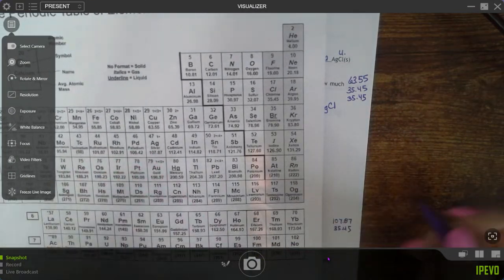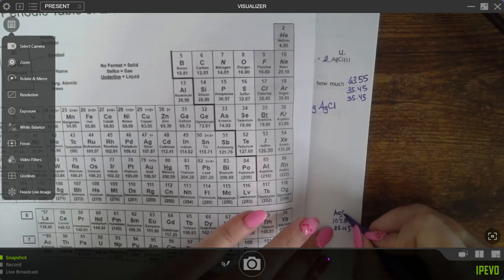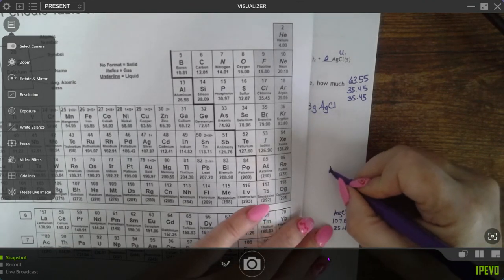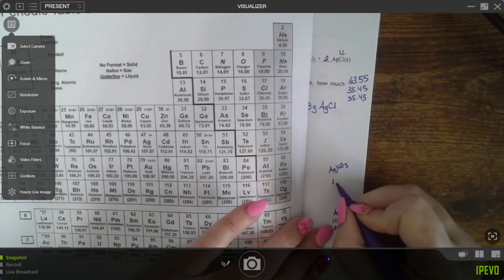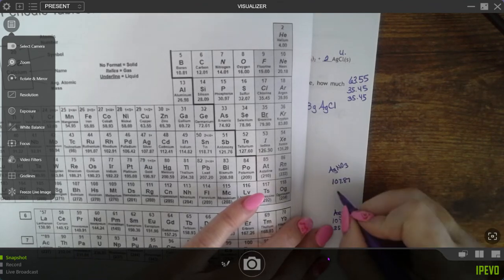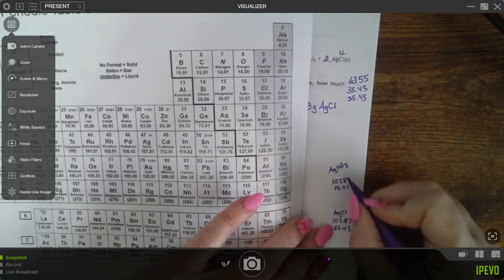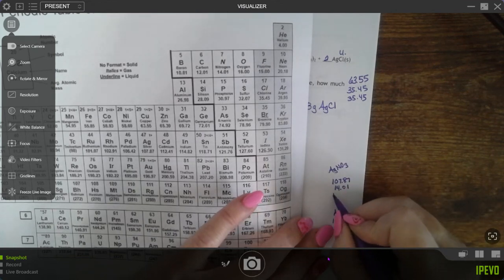Over here, this is AgCl. So let's do AgNO3. That's 107.87 for silver, 14.01 for 1 nitrogen, and then we have 3 oxygen. 3 times 16 is 48.